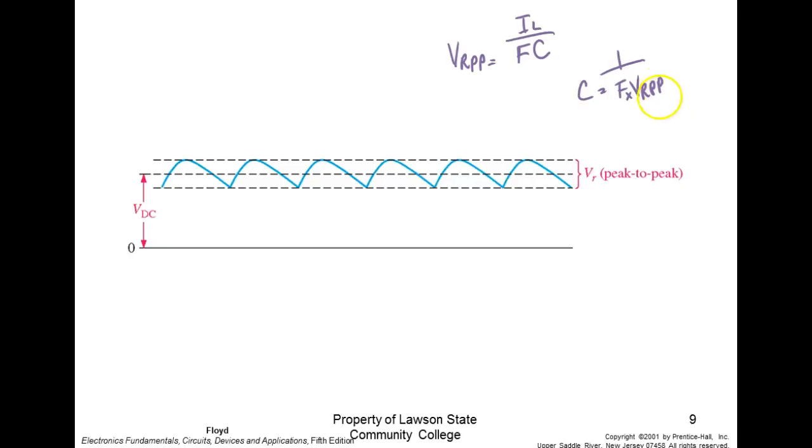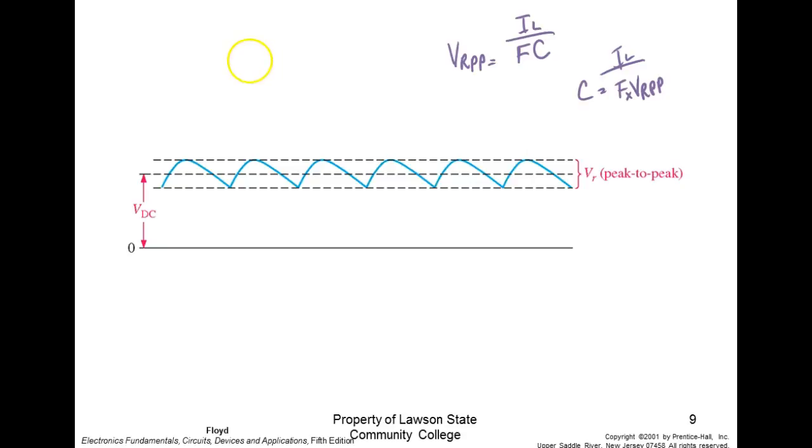So you say, okay, this is how much ripple voltage I want. This is the power I need on my output, or my current, and then solve for C. And just make sure you go up to at least the next standard value, unless it comes out to be perfect, and you still go up to the next standard value.